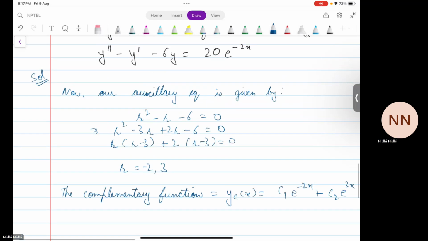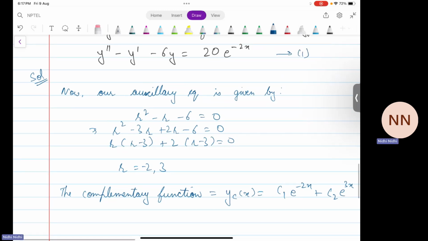Now we'll try to find a solution of equation 1 which is linearly independent to these and somewhat related to this non-linearity. So we'll start with the hit and trial method.